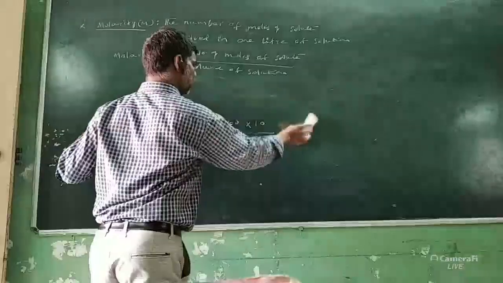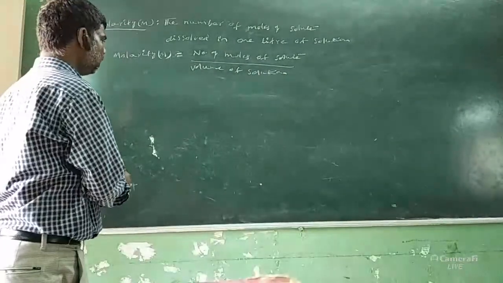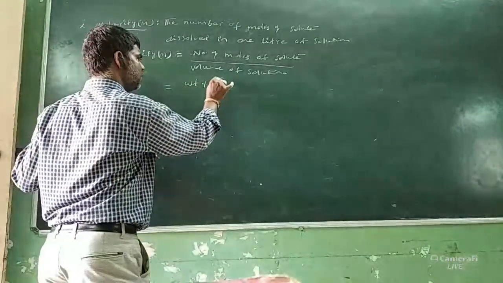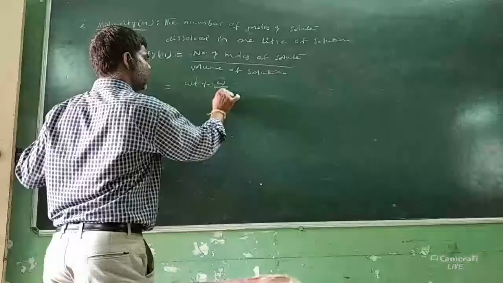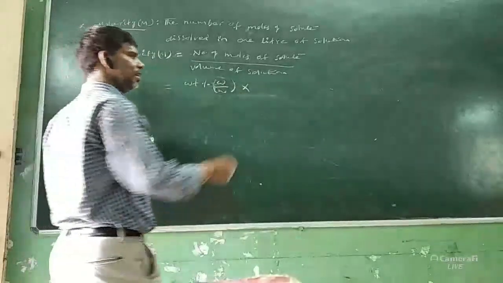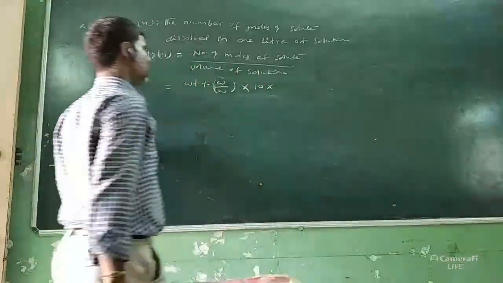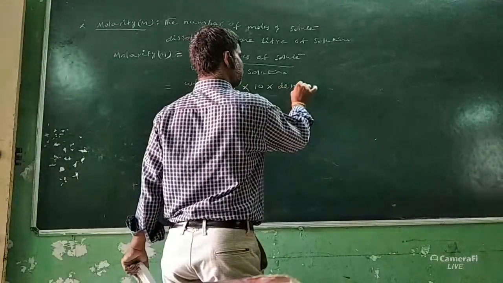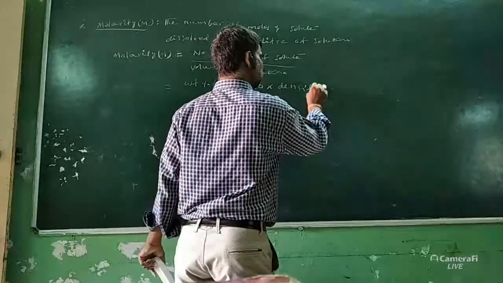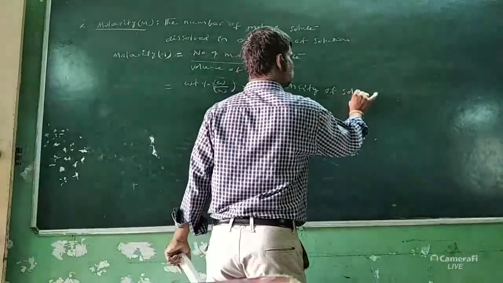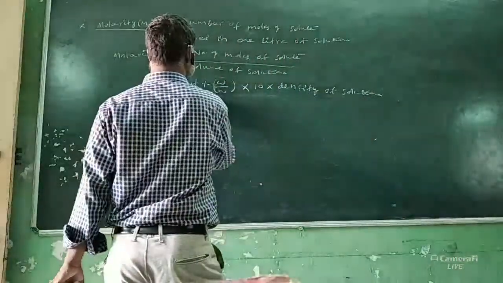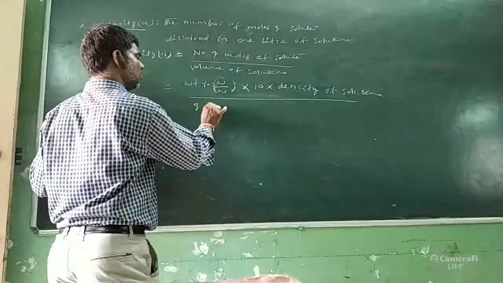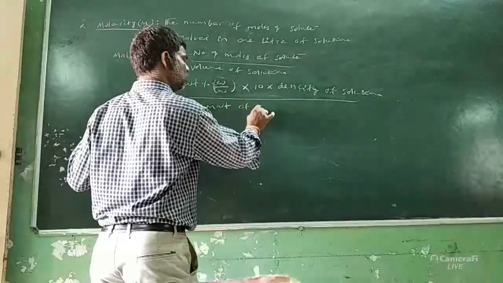And take one more formula. Weight percentage means weight by weight. The weight percentage, weight by weight, into 10 and density of solution by gram molecular weight of solute.